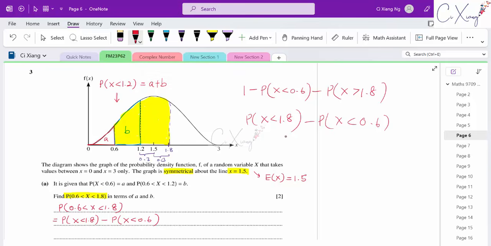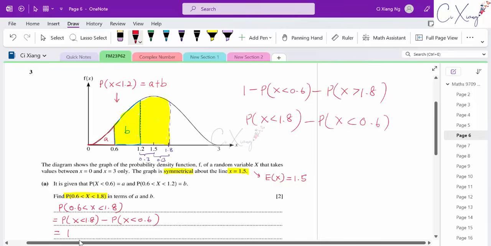For the area x smaller than 1.8, it is actually equal to 1 minus x greater than 1.8, then minus x smaller than 0.6, which is A from the diagram.